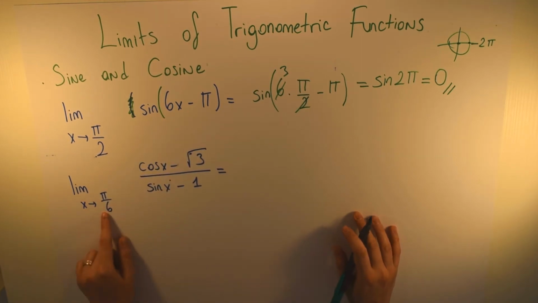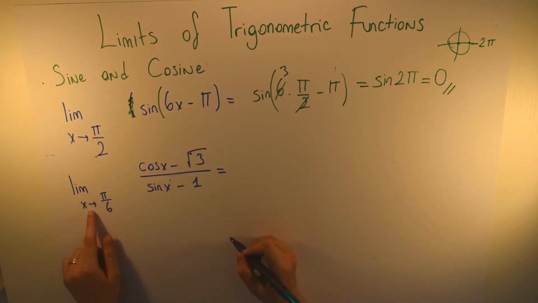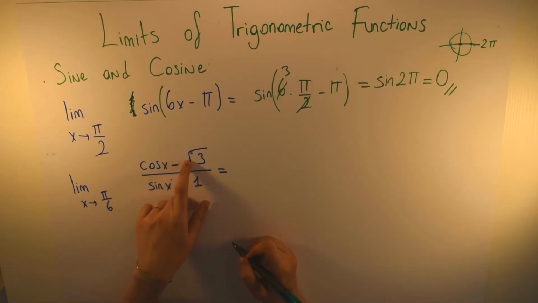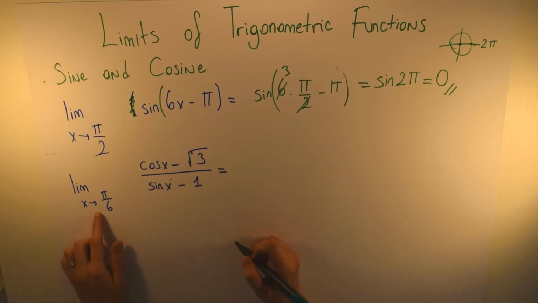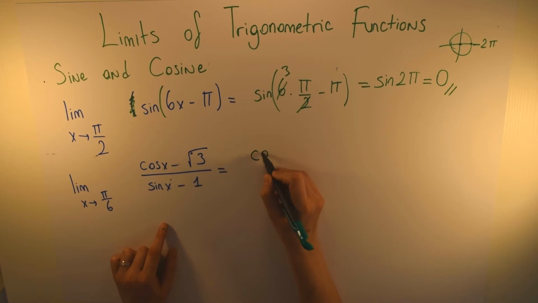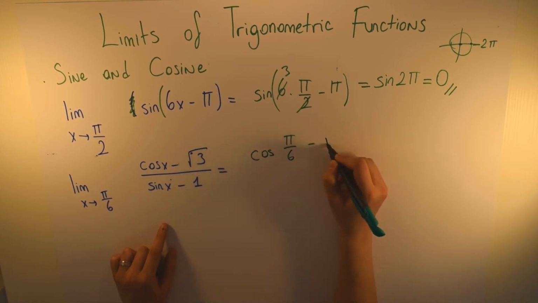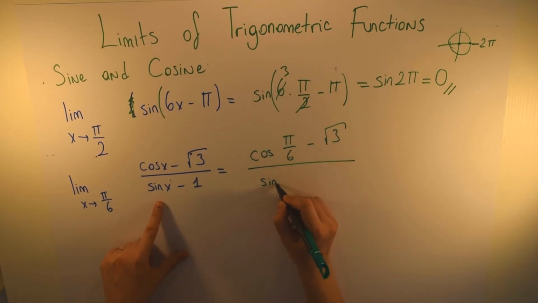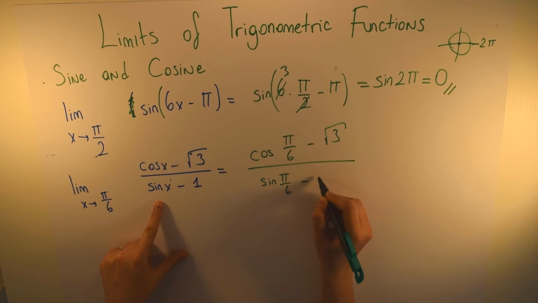So let's look at the second example. Here we have the limit as x approaches pi over 6 of cosine x minus square root of 3 over sine x minus 1. Same logic, we will put this value instead of x. So we have cosine pi over 6 minus square root of 3 over sine pi over 6 minus 1.